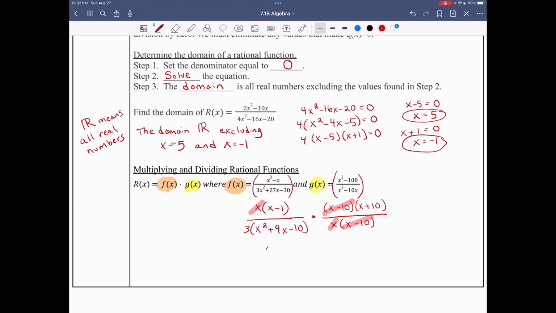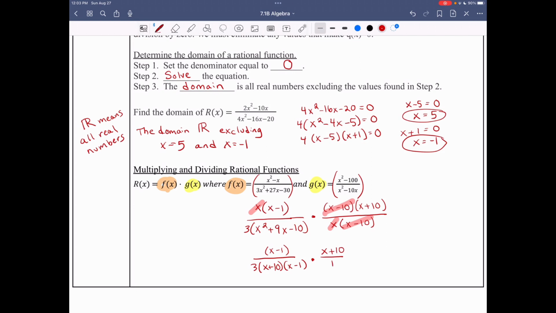So I'm going to rewrite what we're left with, except I'm going to factor the x squared plus 9x minus 10. So factors of -10, it's in this form, x and x. What multiplies to give you -10? A positive 10 and a -1, because that'll give us a positive 9x. And then we have x plus 10.